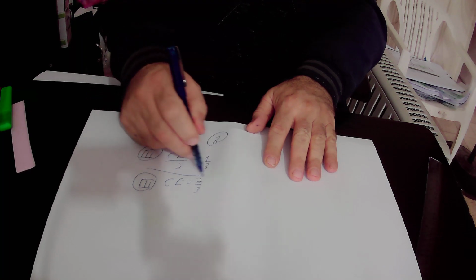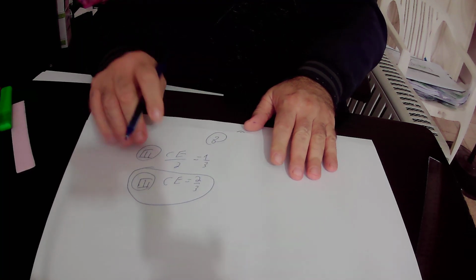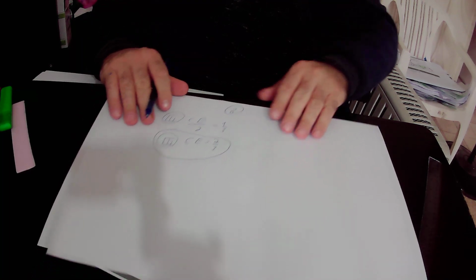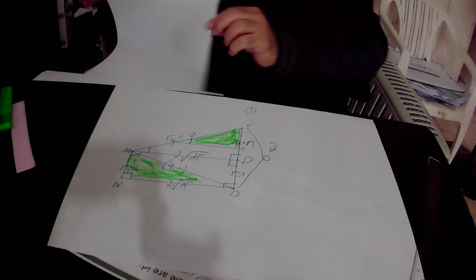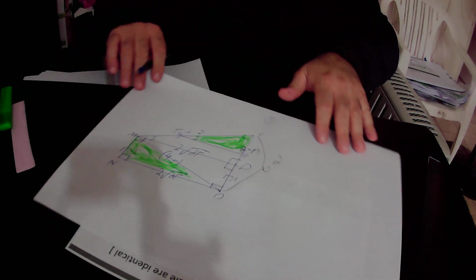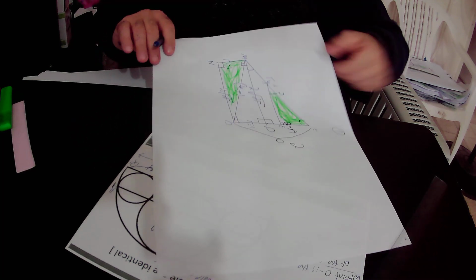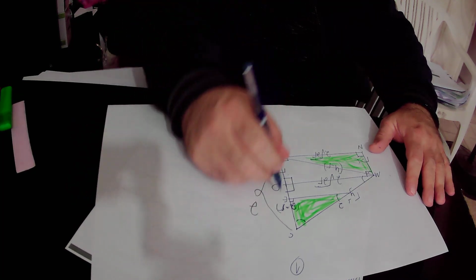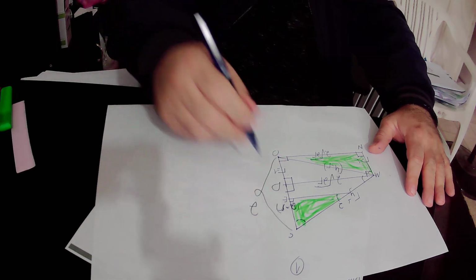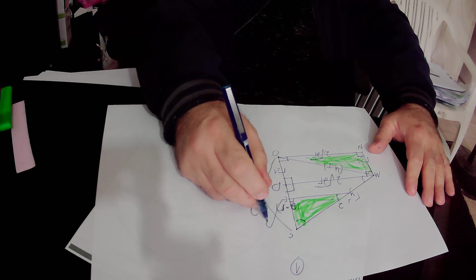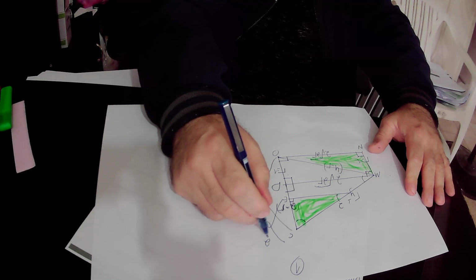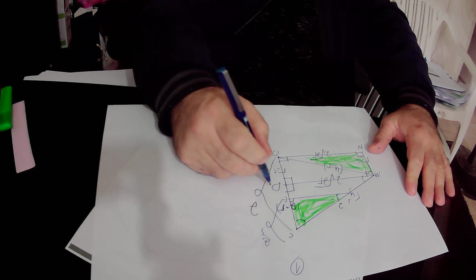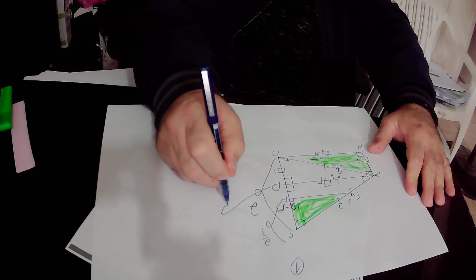CE equals 2/3. So we can write here CE equals 2/3 and CD equals 1.